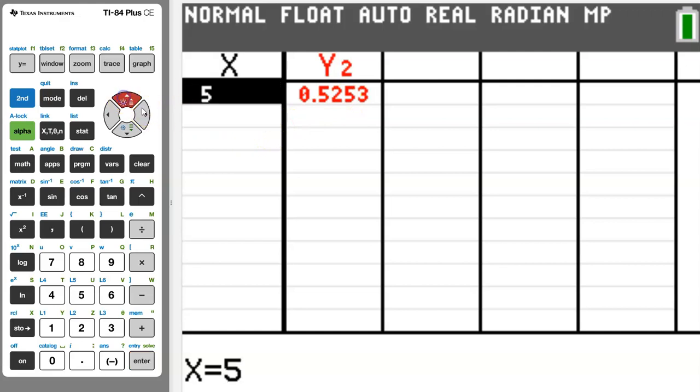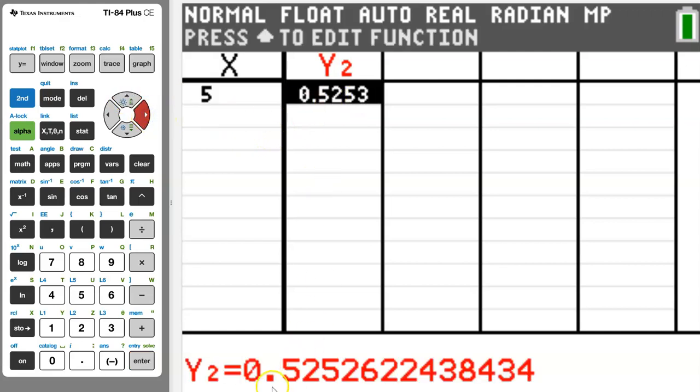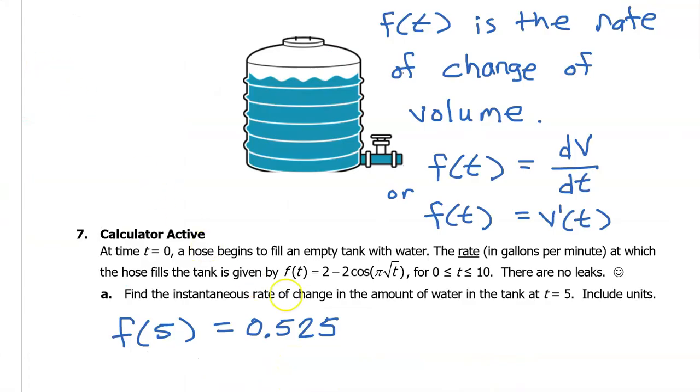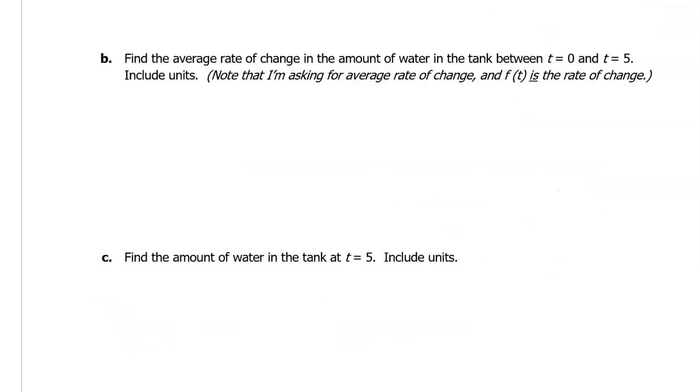If you ever need extra decimals, you can highlight it and see all of the decimals. But we're going to round to 3 decimal places, so 0.525. Don't forget the units. f of t, the rate, is in gallons per minute. So gallons per minute. And that's it for part A.